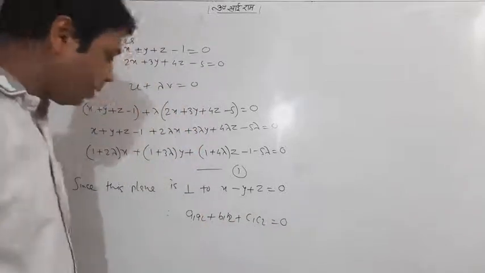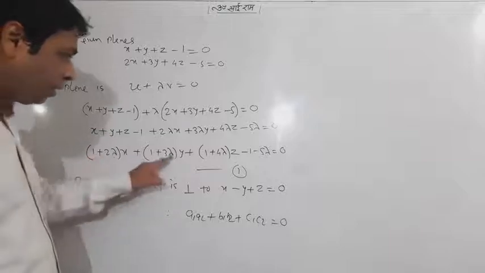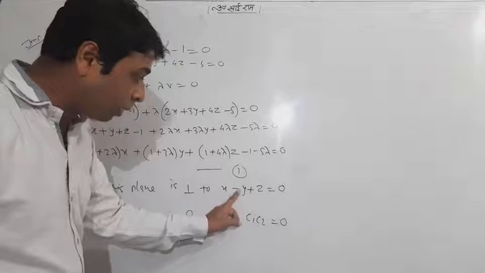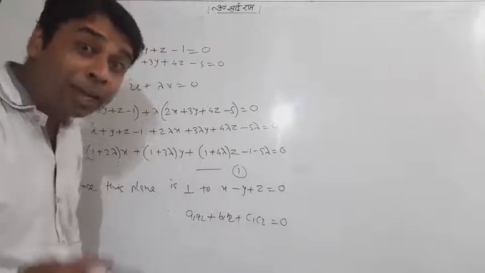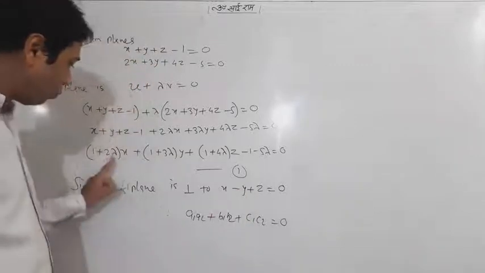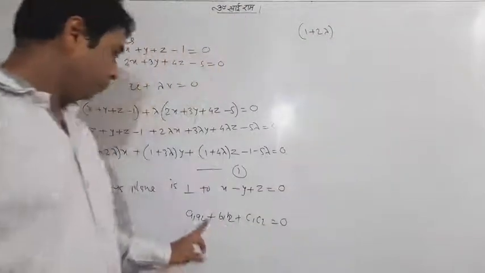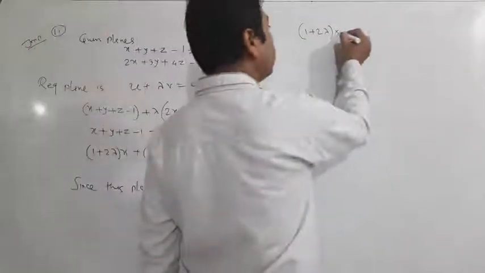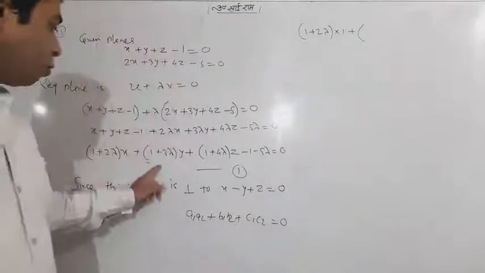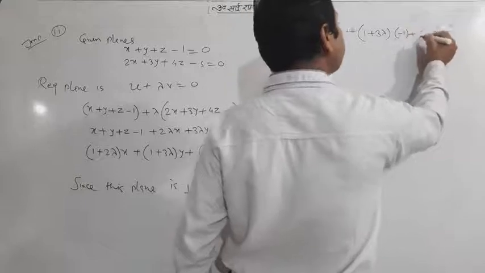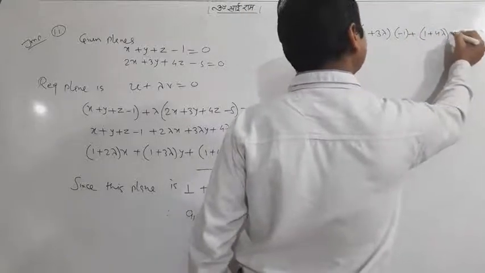Put it quickly. A1, B1, C1 is the ratio of the normal of the first plane, and A2, B2, C2, which is 1, minus 1, 1, is the ratio of the normal of the second plane. Put it here: 1 plus 2 lambda into 1, next 1 plus 3 lambda into minus 1, next 1 plus 4 lambda into 1 equal to 0.